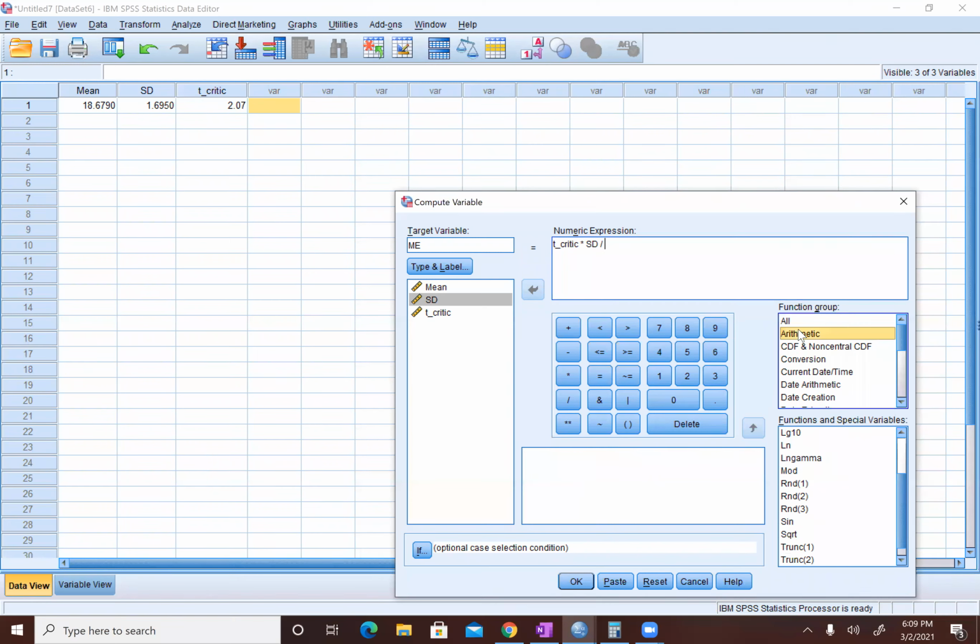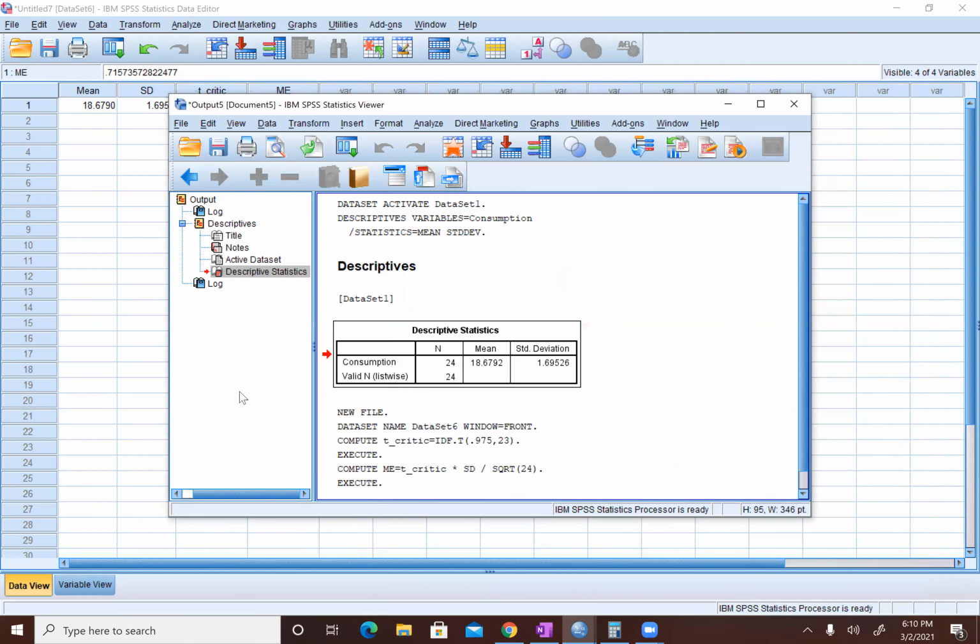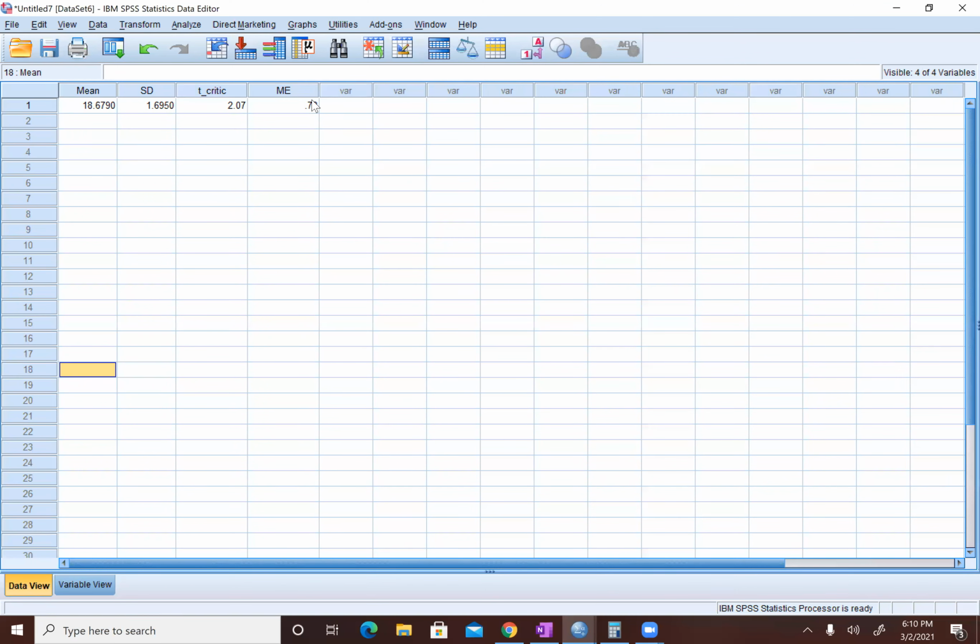Square root, you can also look up here. If you go to arithmetic functions, there are many functions given here, and one of them is square root. And for us, the number was 24. So the margin of error is 0.72.